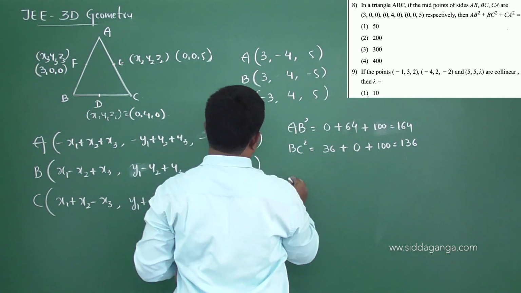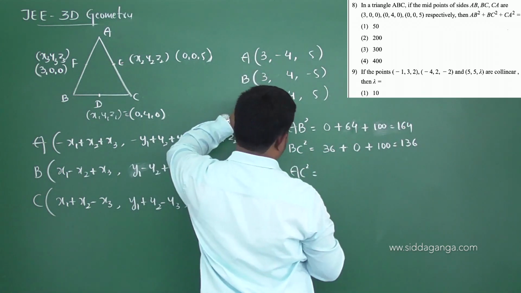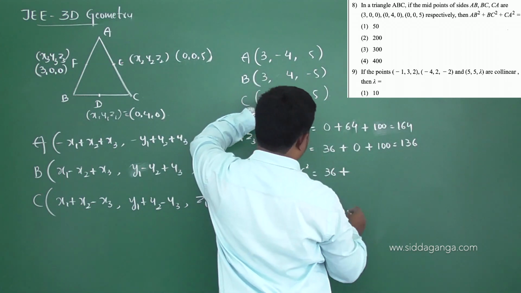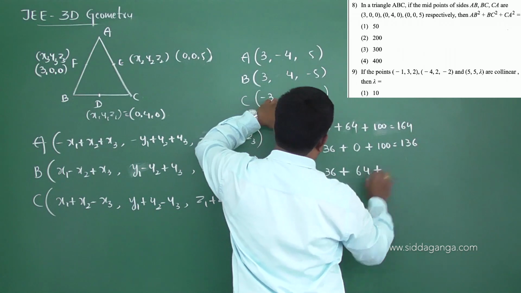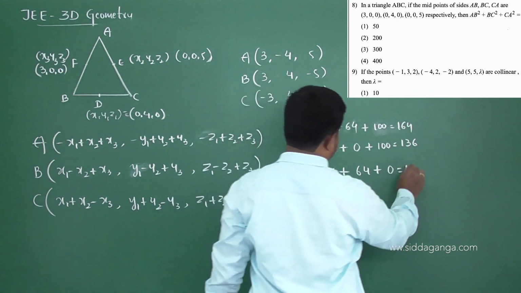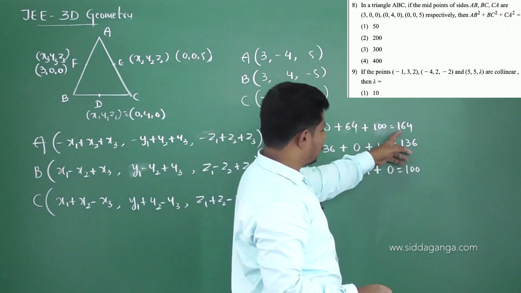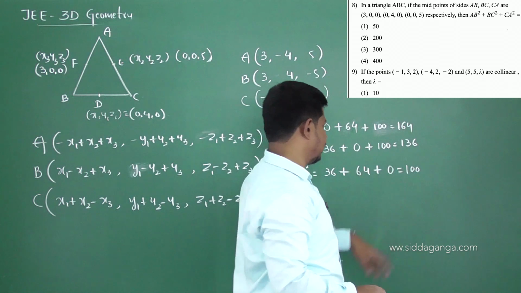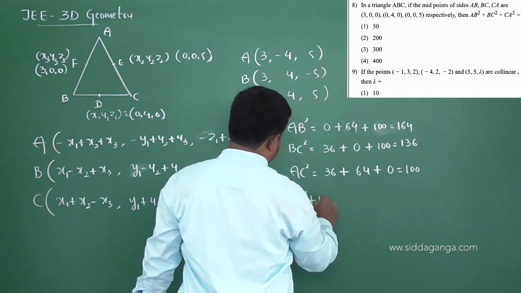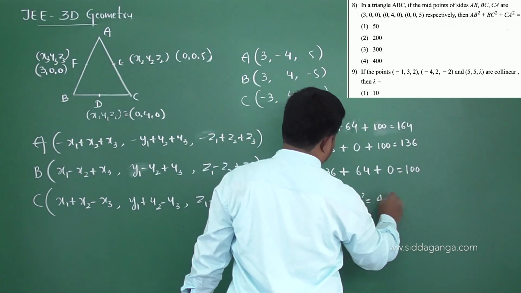And AC square is 3 minus minus 3, that is 6 squared, 36, plus 8 squared, that is 64, plus 5 minus 5, 0, that is 100. Adding all three, 164 plus 136 is 300, plus 100 is 400. So AB square plus BC square plus AC square becomes 400.